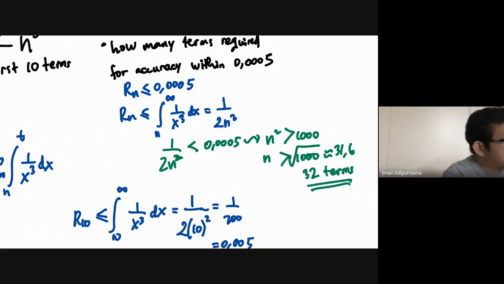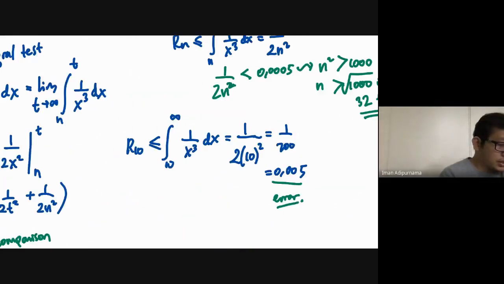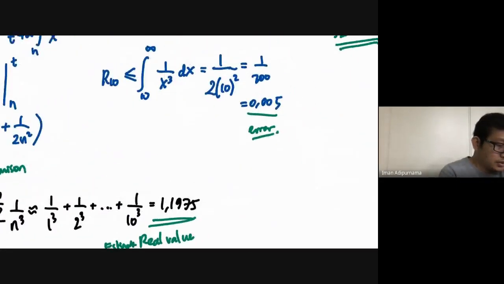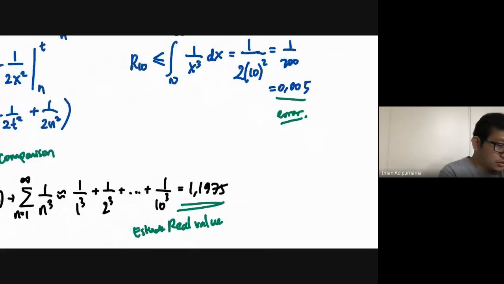So the idea is just using the integral test to find the R. So the total sum, we can write down plus or minus the error.